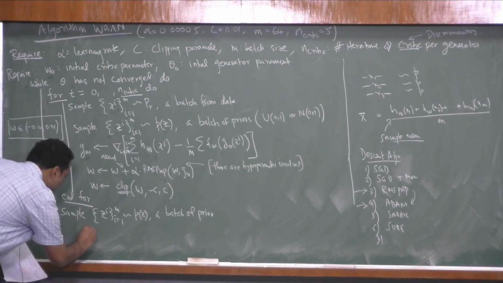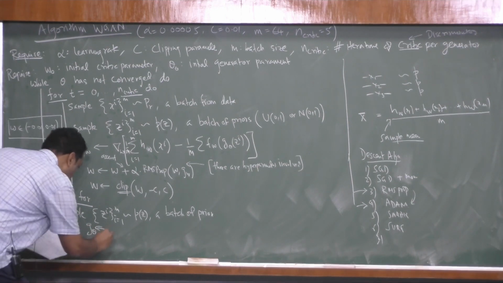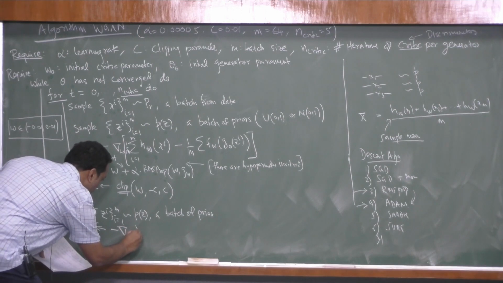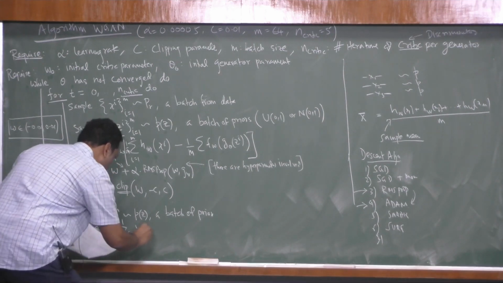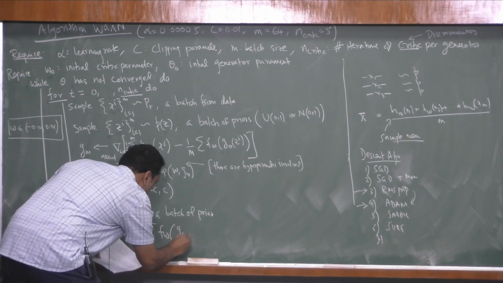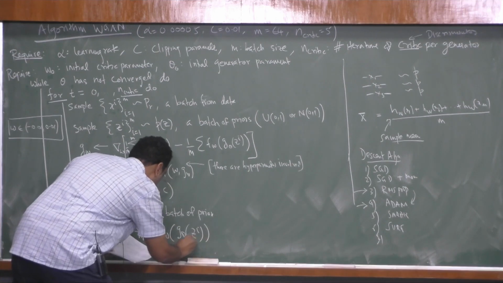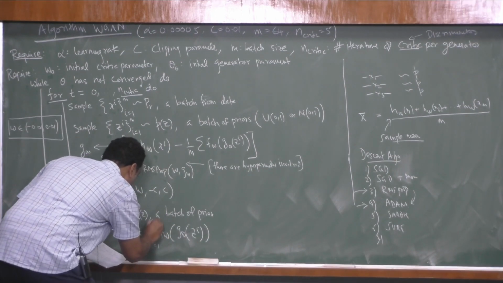So g theta equals minus gradient with respect to theta of 1 over m, the sample mean, of f_w of g_theta of Z_i, i equal 1 to m.